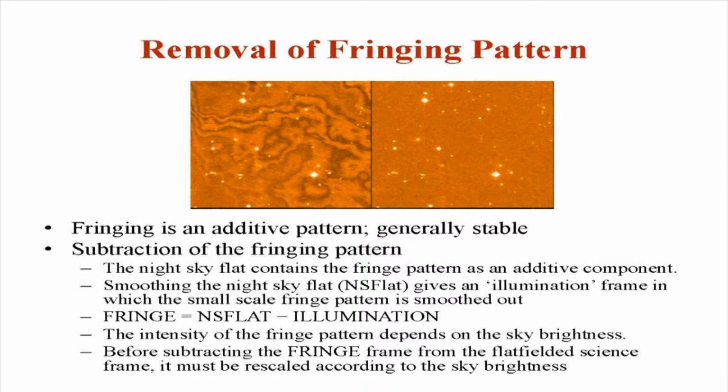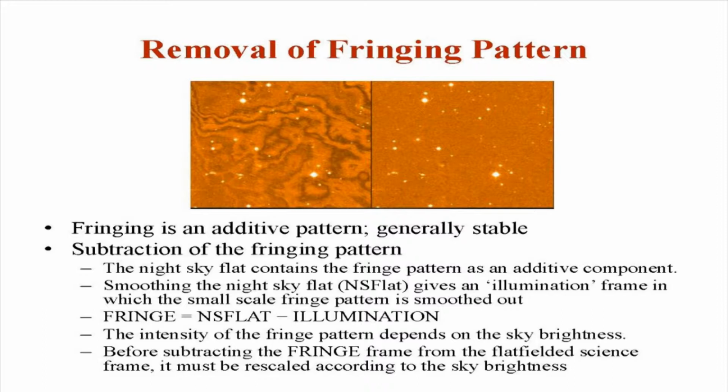When you smooth it out, you're left with all the astronomical sources more or less smoothened out. You have an image cleaned of the astronomical sources.